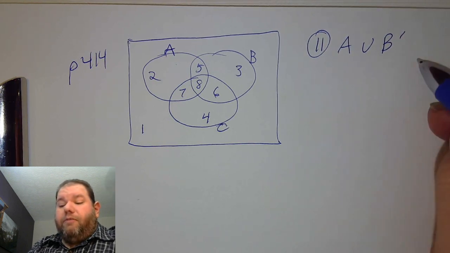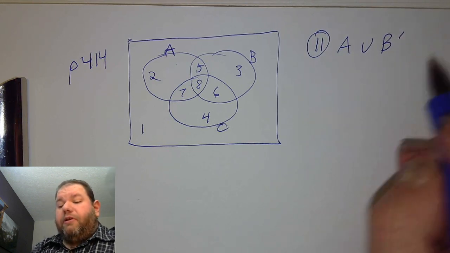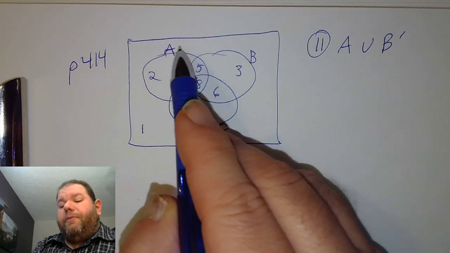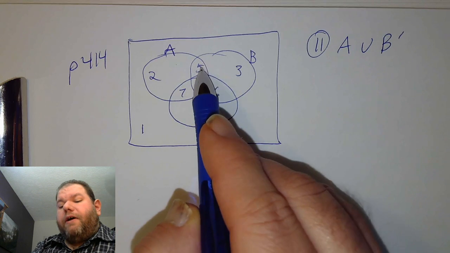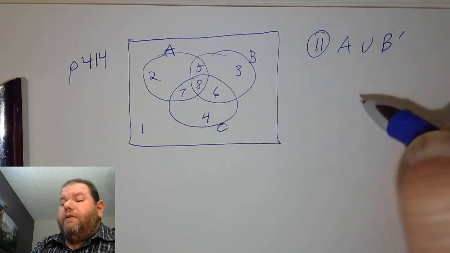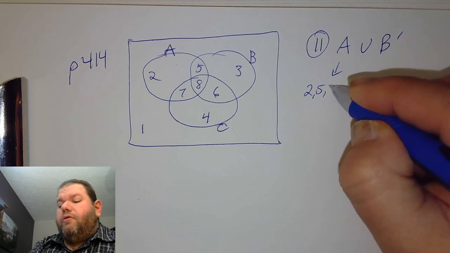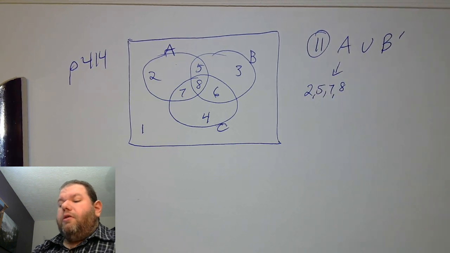Okay, so A union B complement. We look at what is inside A. Now A encompasses 2, 5, 7, and 8. And then we look at B complement.